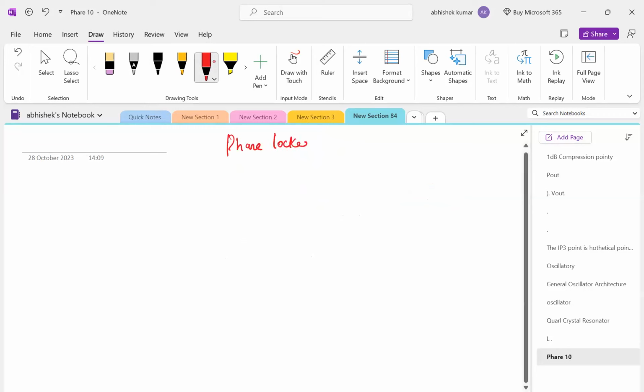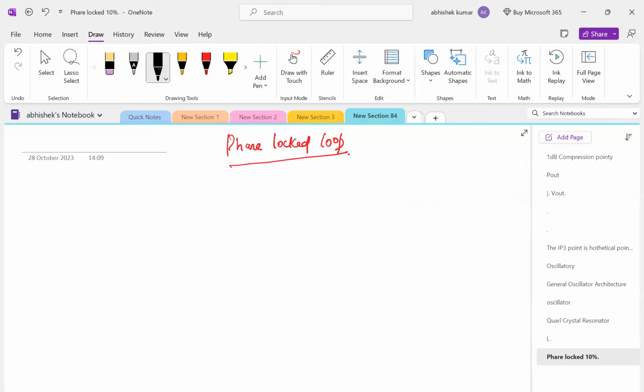See, phase lock loop. Okay, how does the phase lock loop work?